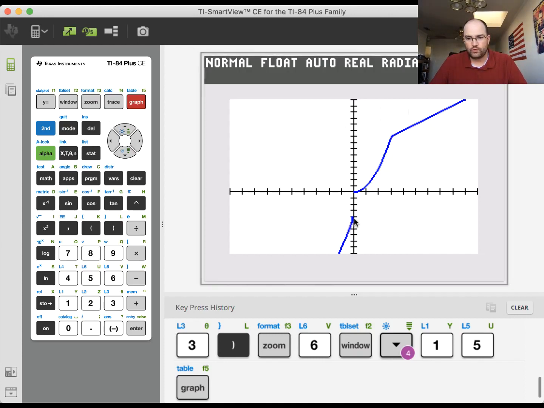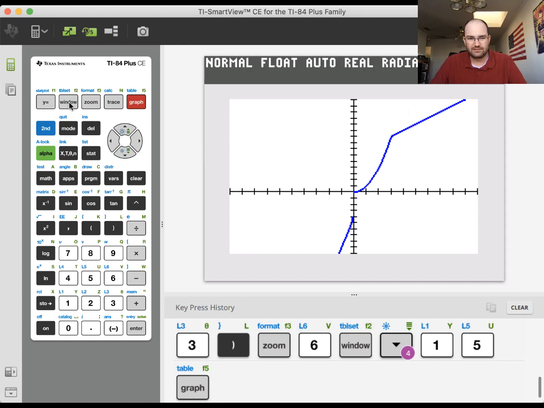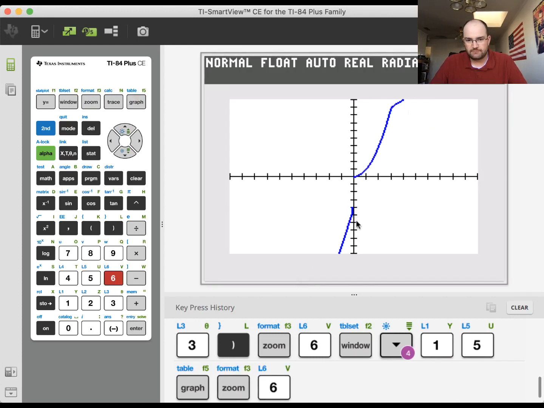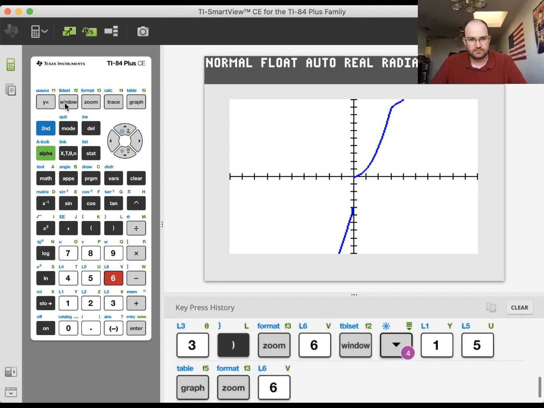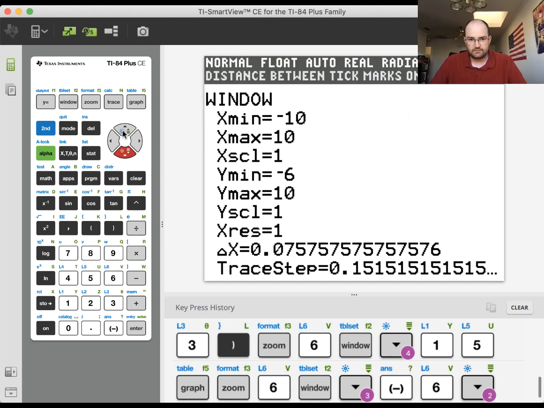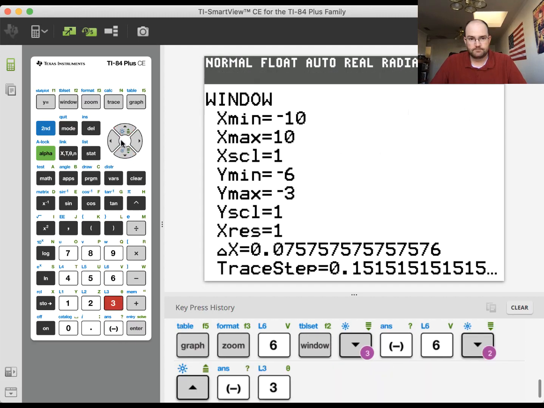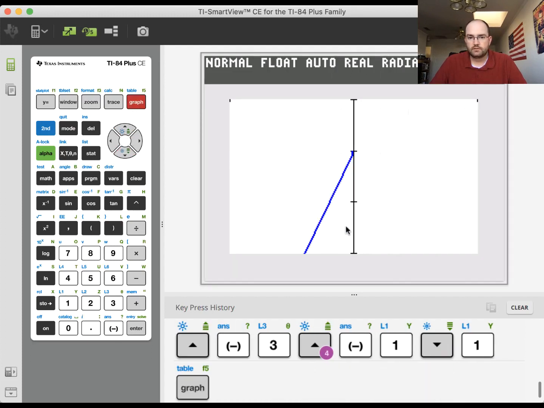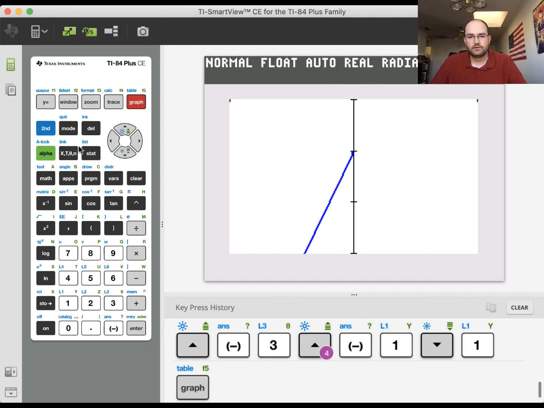Now it's looking like there's some weirdness happening down here, so let's zoom back in there. Let's go back to the standard window. Let's make that negative, say, -6 to -3. And minimum, say, -1 to 1. Okay, no, it's working. It just looks like it's doing weird stuff there.